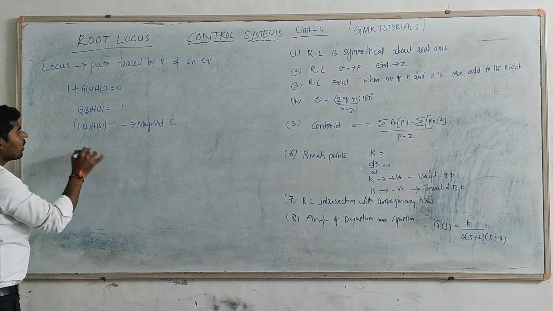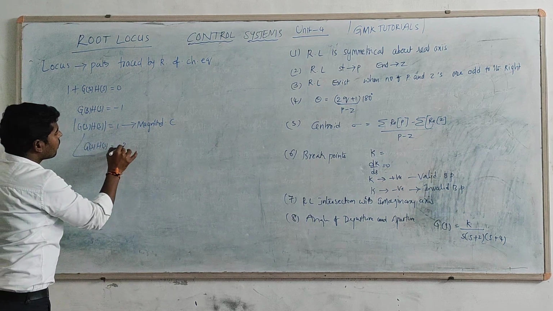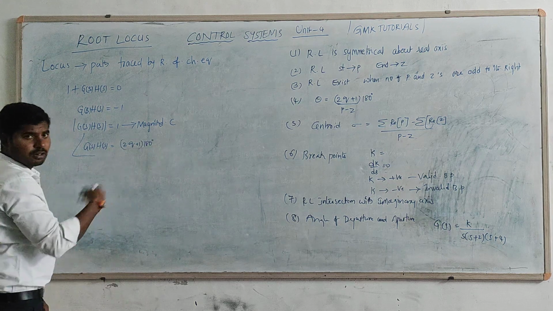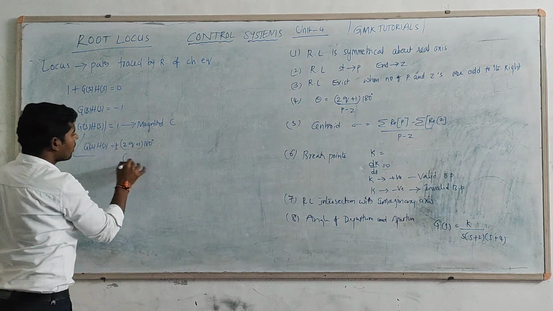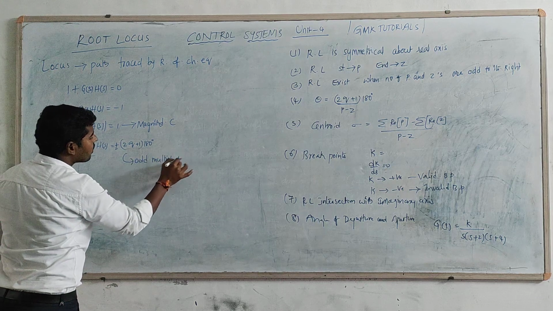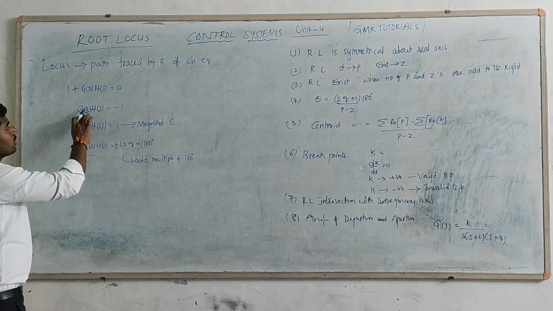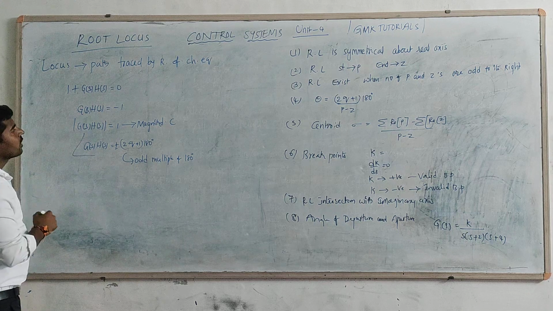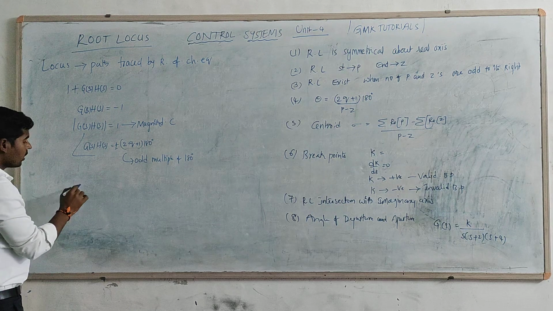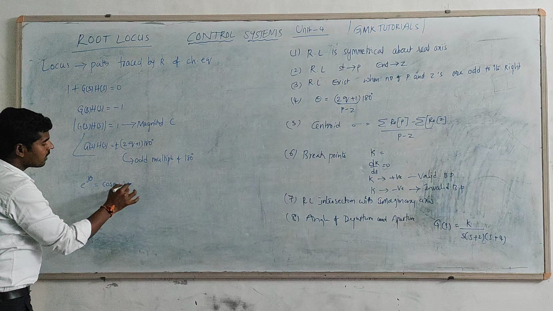Angle of G(s)H(s) is equal to (2q plus 1) into 180 degrees, or else simply we can call it plus or minus odd multiples of 180 degrees. So this is the reason. Generally -1 is equal to e power j theta, which is cos theta plus j sin theta.